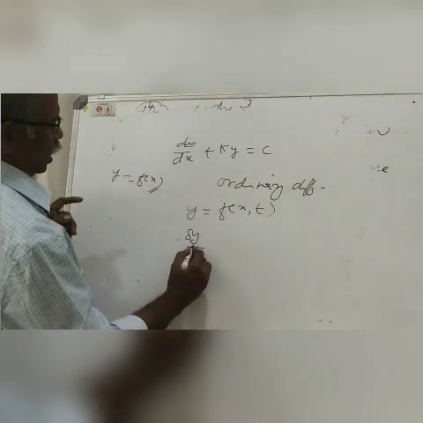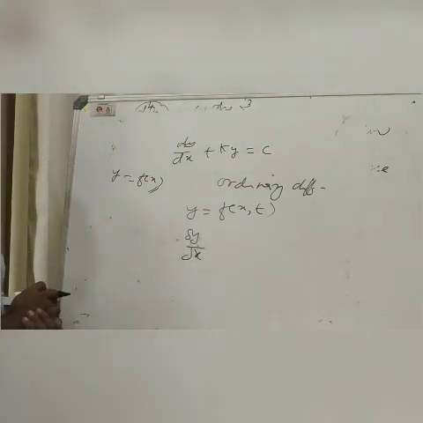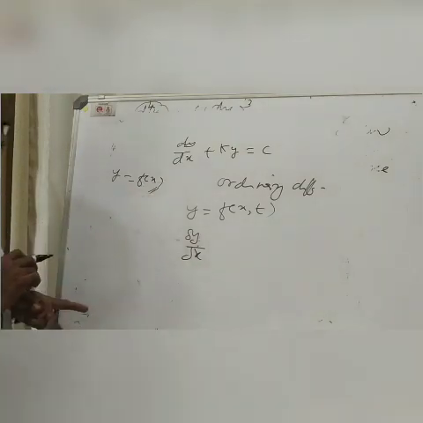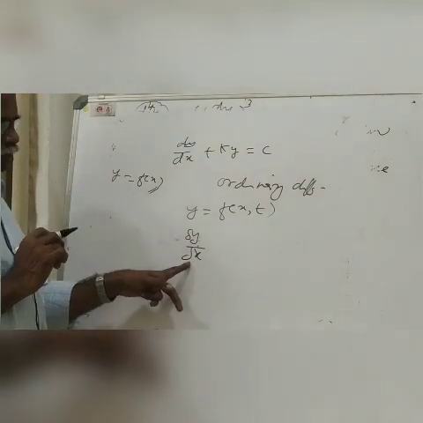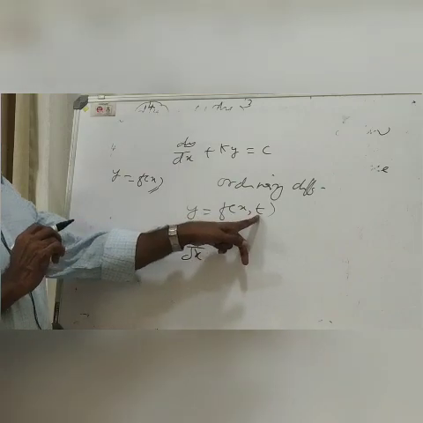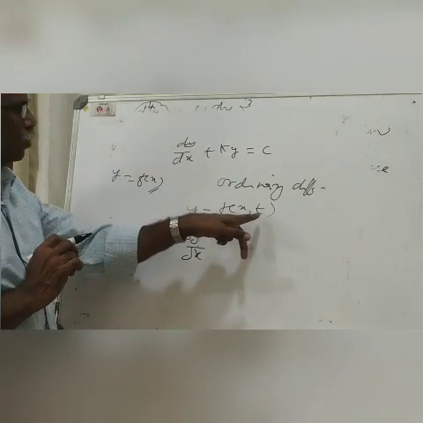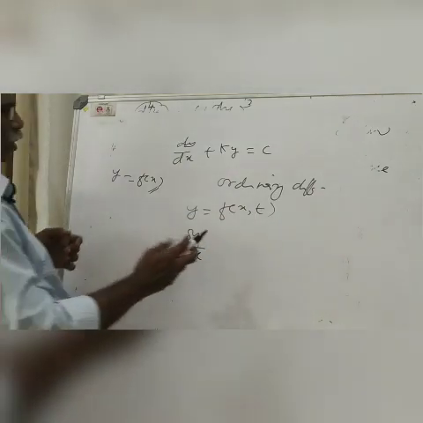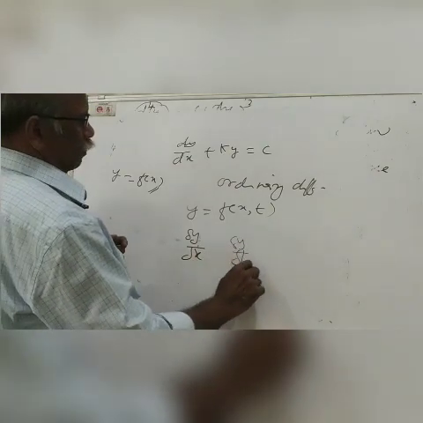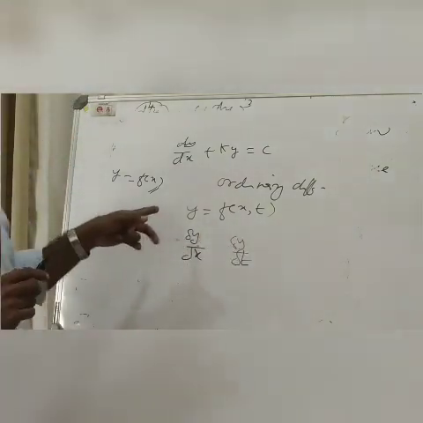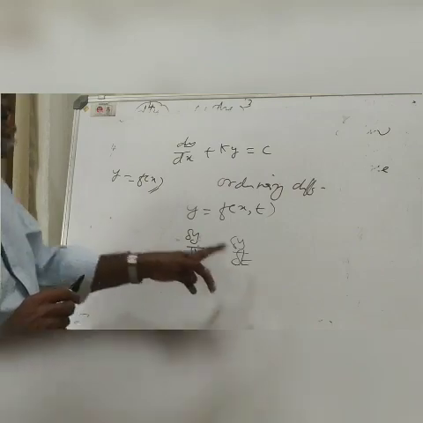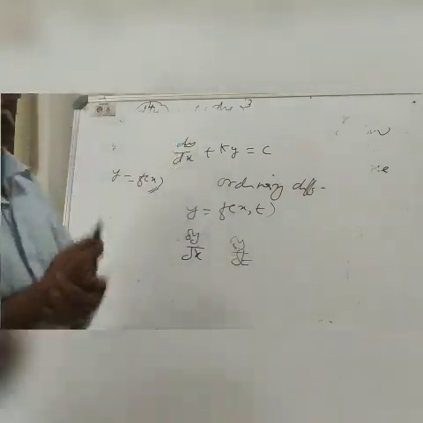Partial dy by dx means we differentiate y with respect to x, keeping the other independent variable, say t, as a constant, and partial dy by dt means we differentiate this function with respect to t, keeping x as a constant.